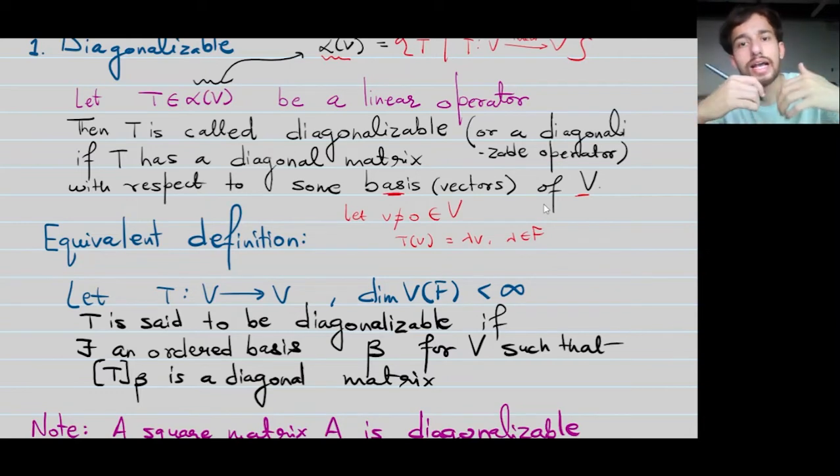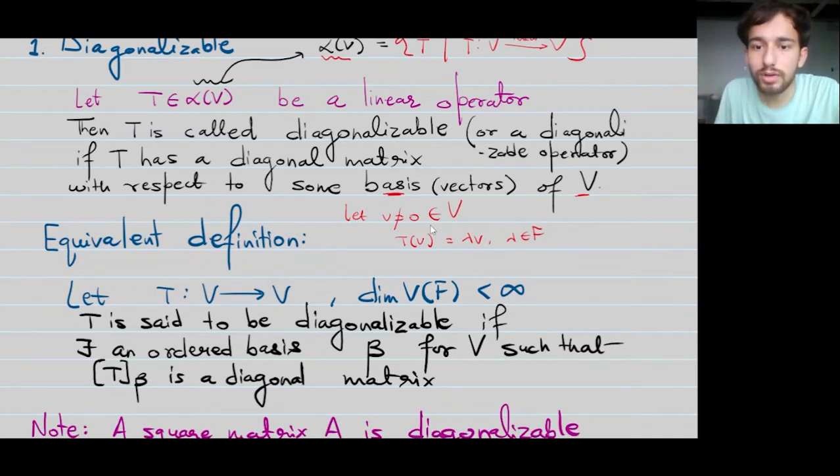The image is a scalar multiple of the vector itself. Such non-zero vectors are said to be the eigenvectors of this linear operator T, and these scalars lambda are called the corresponding eigenvalues. I hope now it's clear.